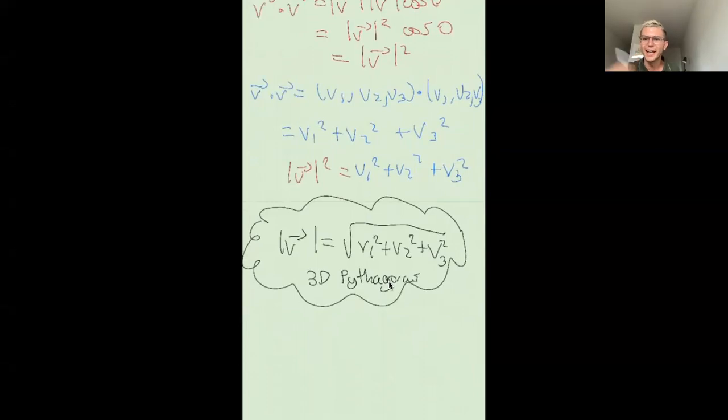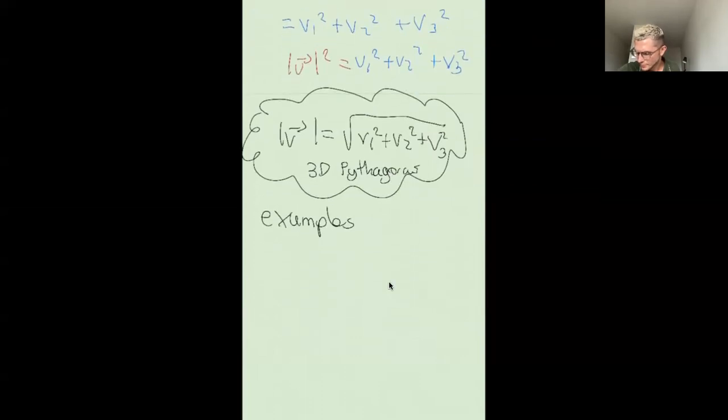Again, probably something you knew how to do before, but let's do some examples. If I give you a vector like (1, -2, 5) and ask what its norm is, what its size is, well, it's just the square root of the squares of the entries added together.